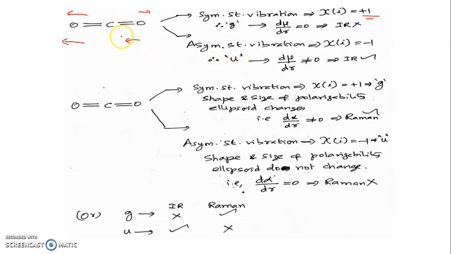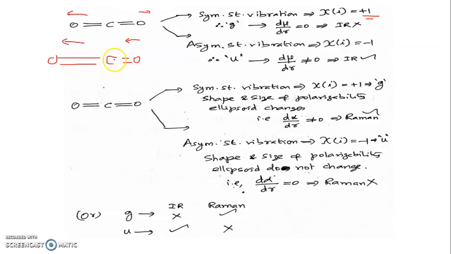During asymmetric stretching, one bond elongates and the other bond compresses. Now this bond has one dipole, and this bond has a different dipole. These two dipoles do not cancel.